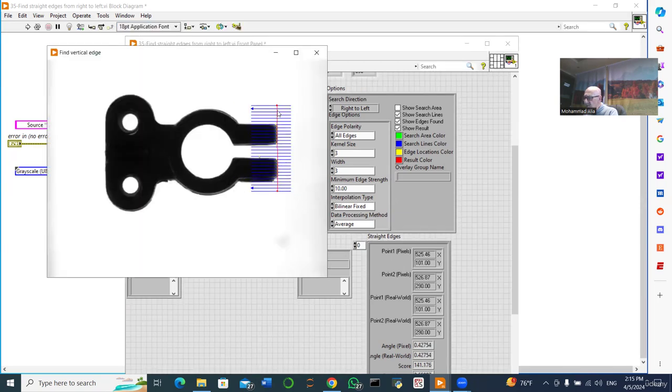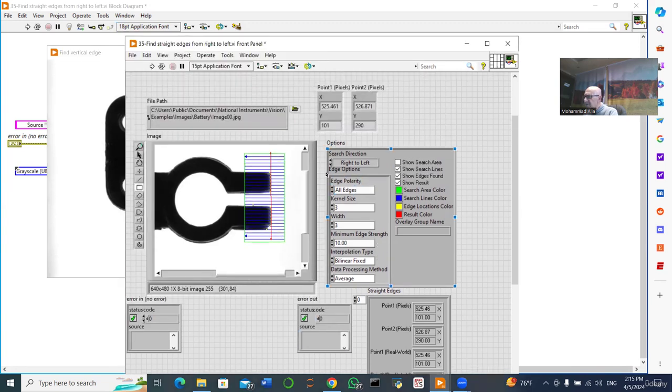Now I have a new line, as you see, with these 2 points describing the ends of this line. The coordinates of these 2 points are found by me here. The upper point here, X and Y, and the lower point, X and Y.